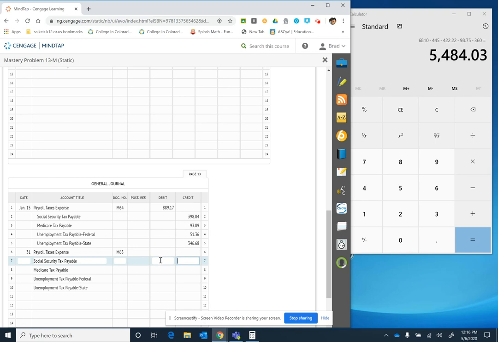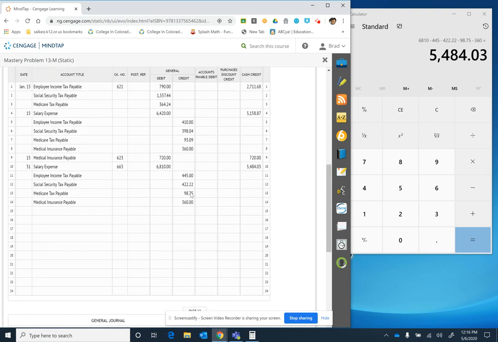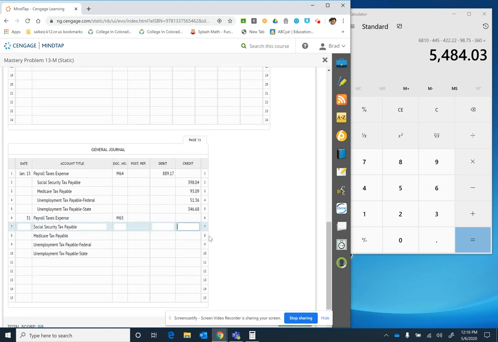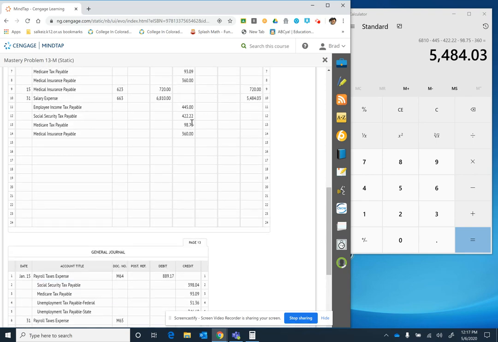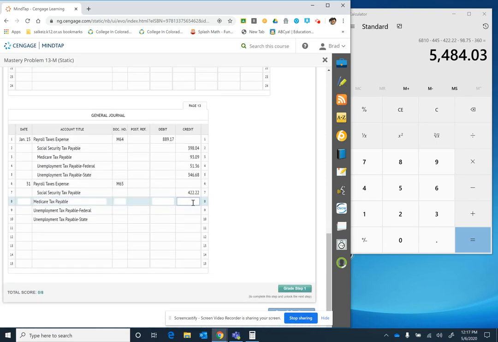We don't know everything just quite yet, but we do know our Social Security tax payable is going to be right here, 422.22. We know our Medicare tax payable is 98.75. But we have to figure out what our unemployment federal is and our unemployment state is.